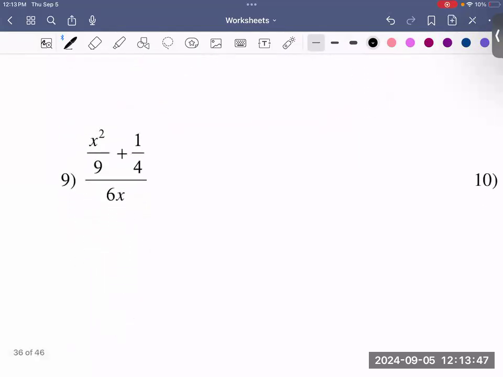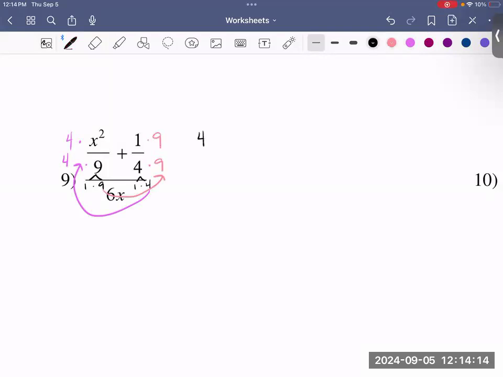Now let's try it again over here. In your denominator this time, there's nothing that we need to fix. So it's really all in your numerator. And since 9 and 4 share nothing in common, 9 is really 1 and 9, and 4 is really just 1 and 4. Well, other than the ones they have in common, 9 needs to be multiplied to 4. And on the other side, we need to multiply by 9.